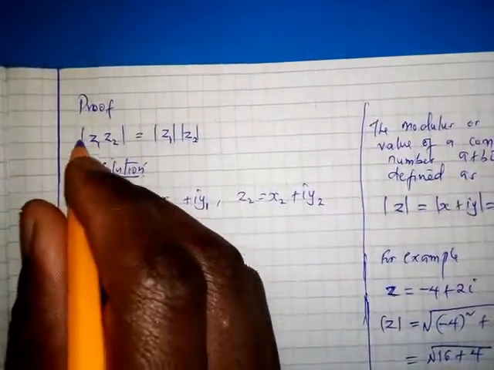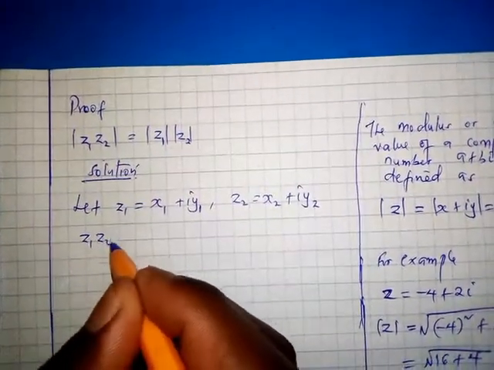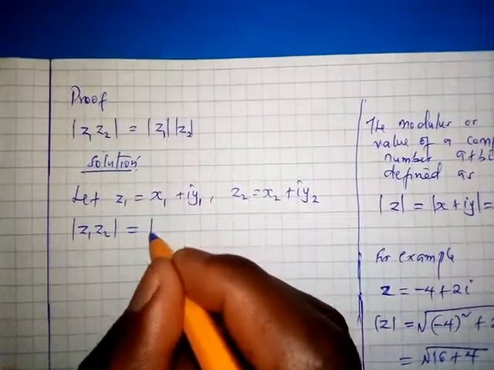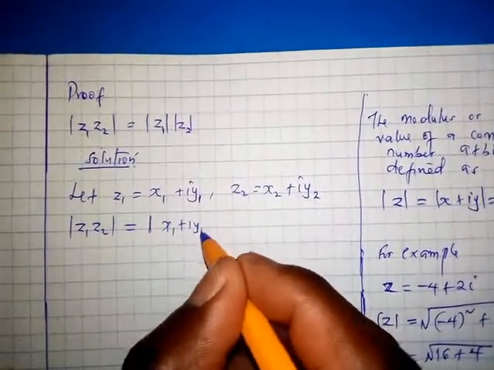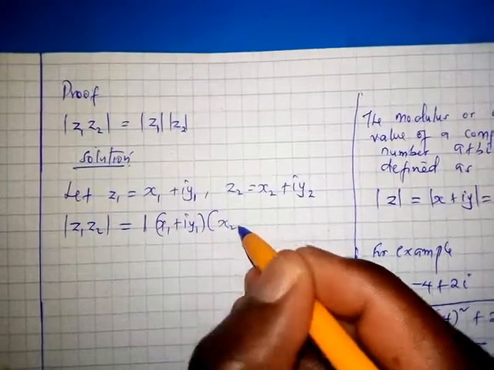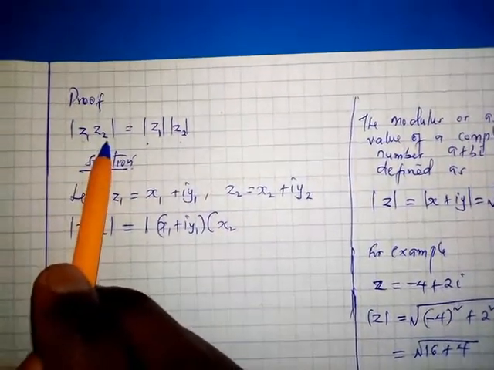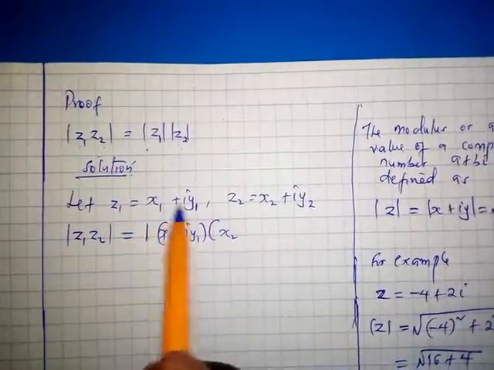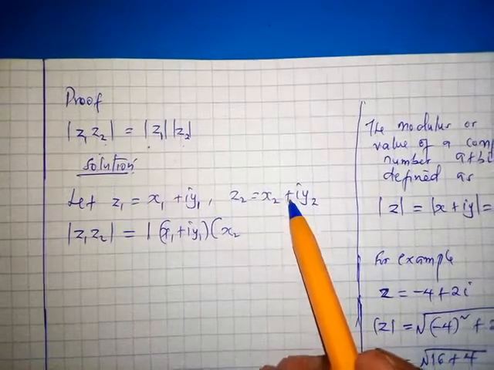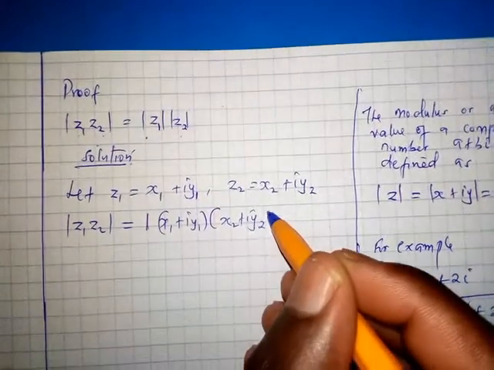So the left hand side, the modulus of z1 z2, will be the modulus of x1 plus iy1 times x2 plus iy2.